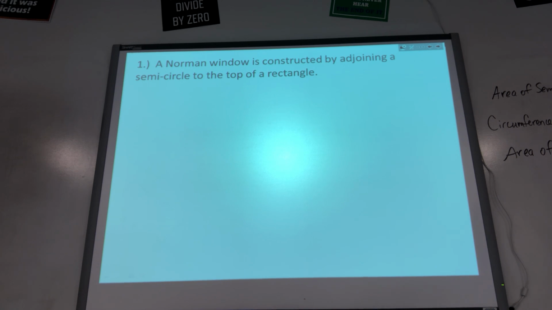This is the first part, and it says a Norman window. I don't know if you know what that is or not, but I'll draw a picture. A Norman window is constructed by adjoining, putting together, a semicircle to the top of a rectangle.